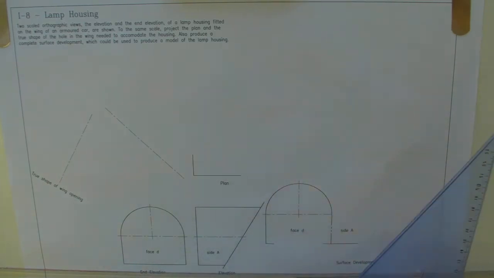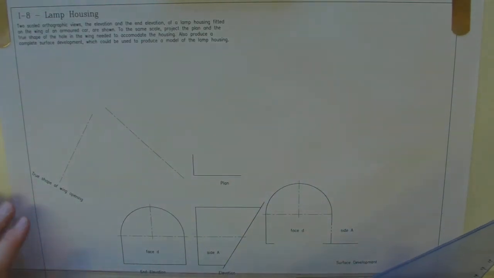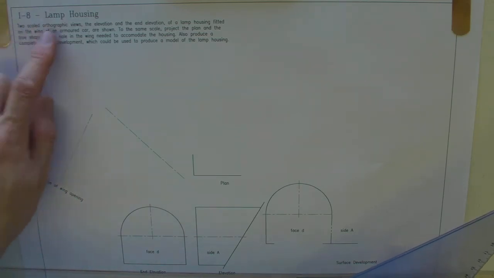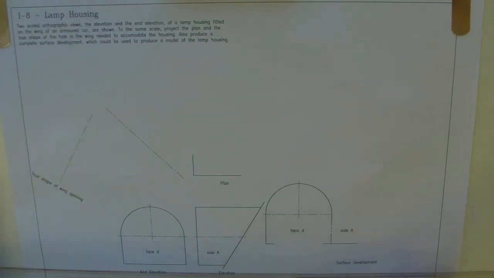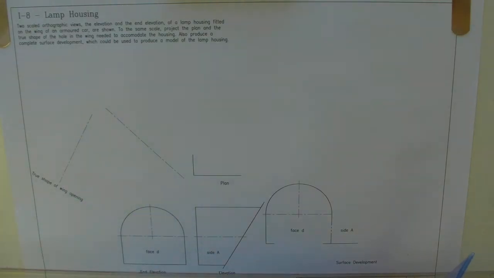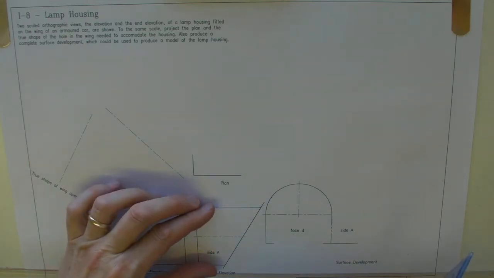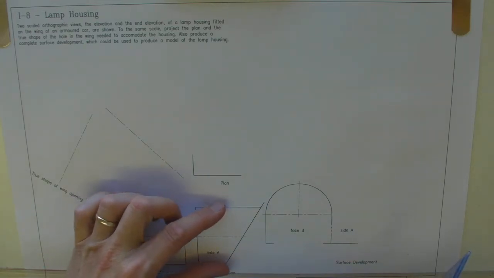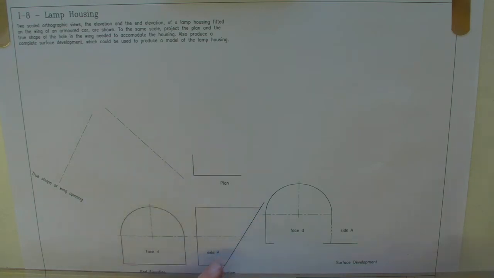Now, this drawing is talking a lot about true lengths. It says you've got two scaled orthographic views, the elevation and end elevation of a lamp housing fitted to the wing of an armoured car. So this is a wee housing that would go on a lamp. Okay, so this could be plastic, probably would be plastic, and it's going into the wing of the car, and the wing of the car is sloping away.